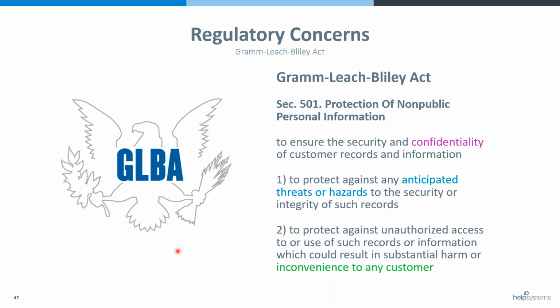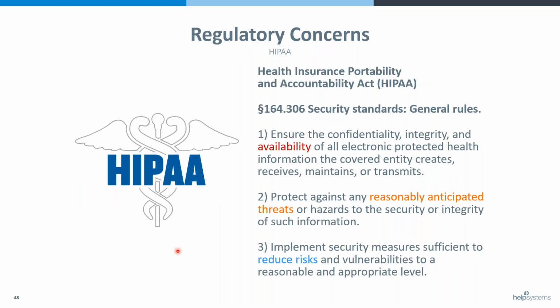And of course, you're required to protect against unauthorized access to those records and to make sure that it does not cause substantial harm or inconvenience to a customer. If your system is being held for ransom by ransomware, that could very well cause inconvenience to a customer. So you have to think about this in much bigger terms. How is this going to impact our business, but how does it impact our customers as well?